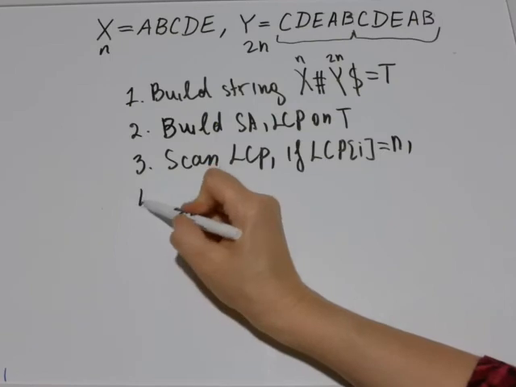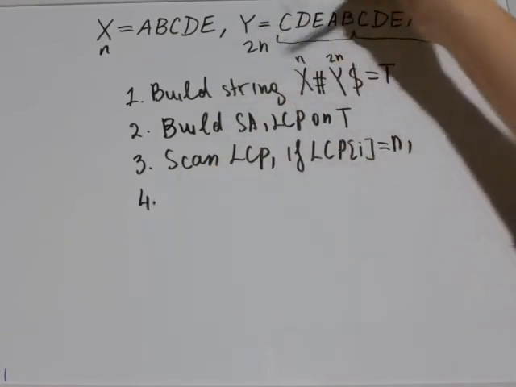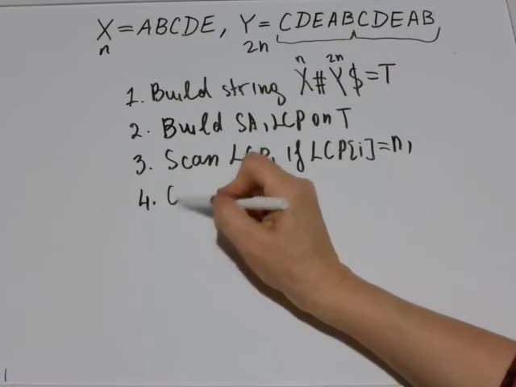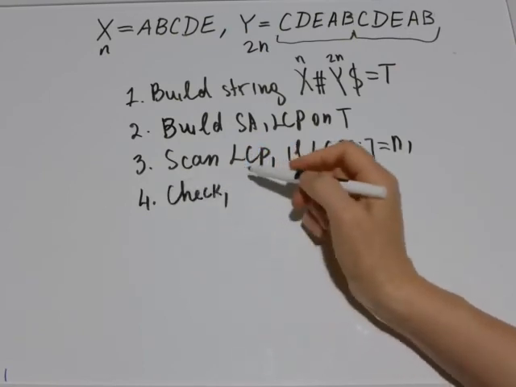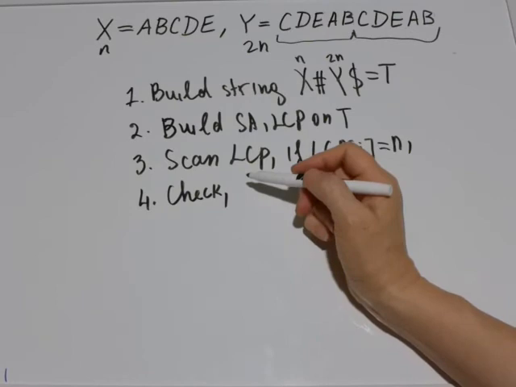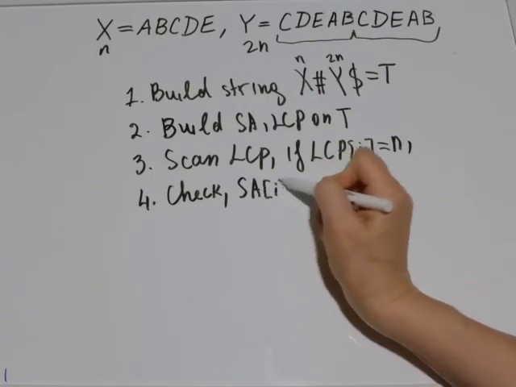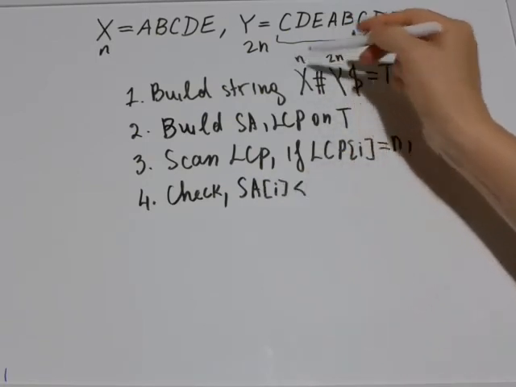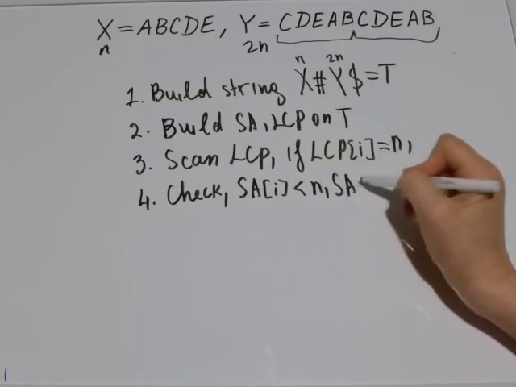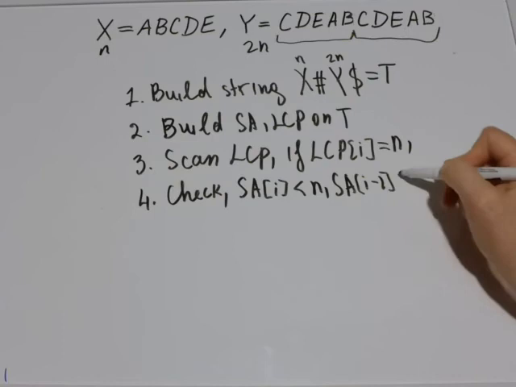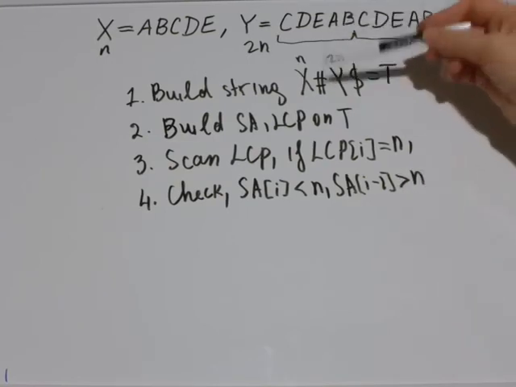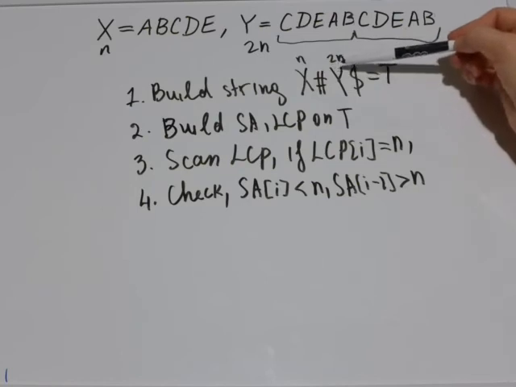So we need to check that our starting positions actually come from x and y. Check that SA of i is less than n, and SA of i minus 1 is greater than n. This tells us that the match is between x and some substring inside the y.